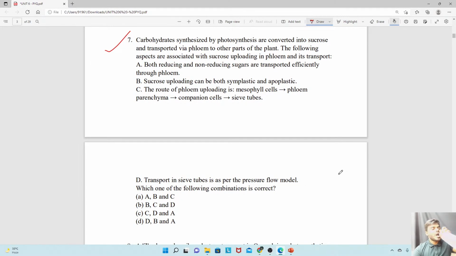Think it, friends. Easily you can analyze the answer.